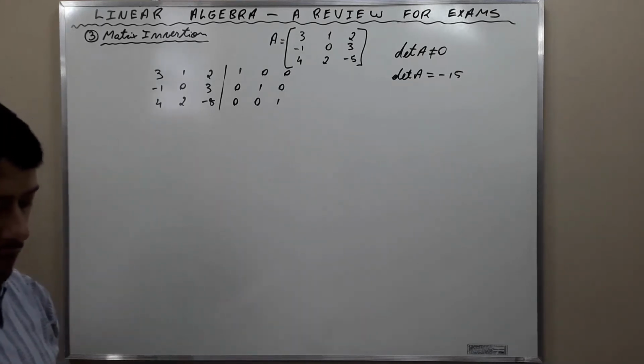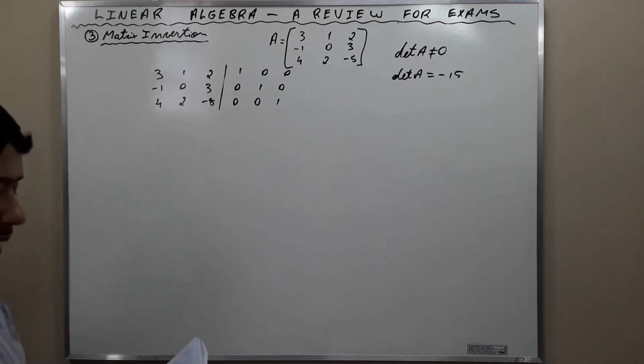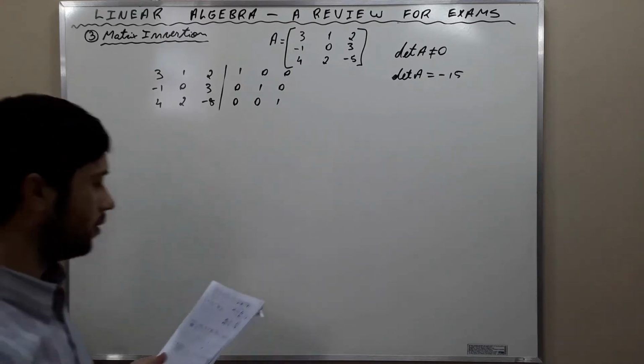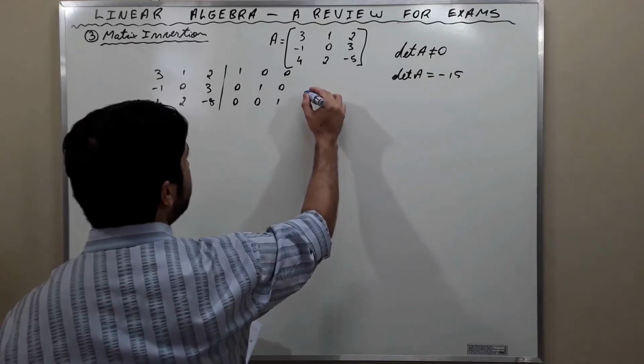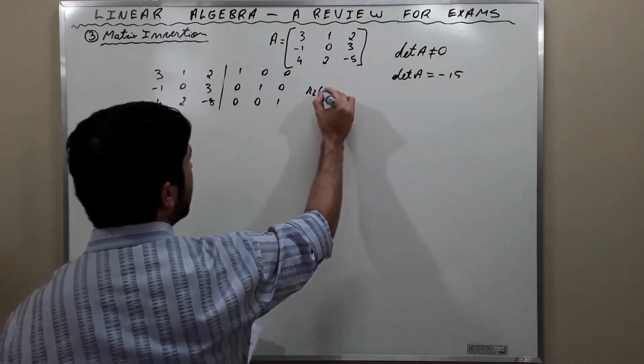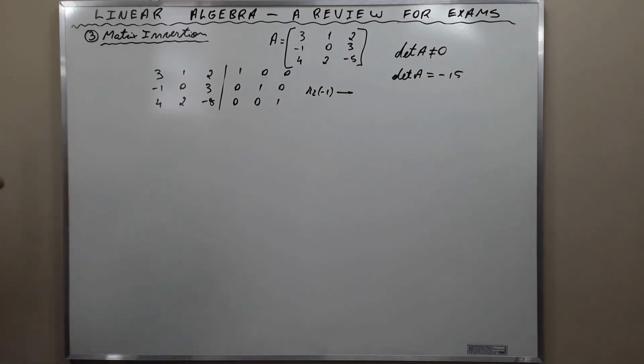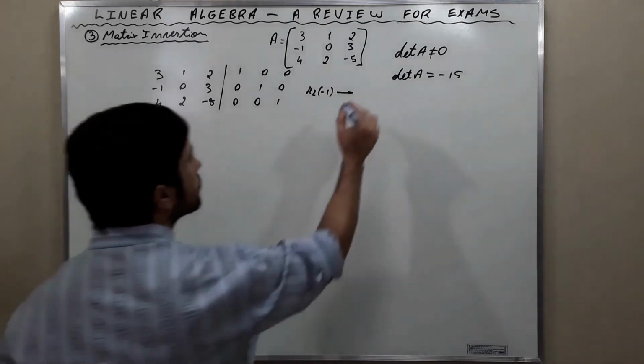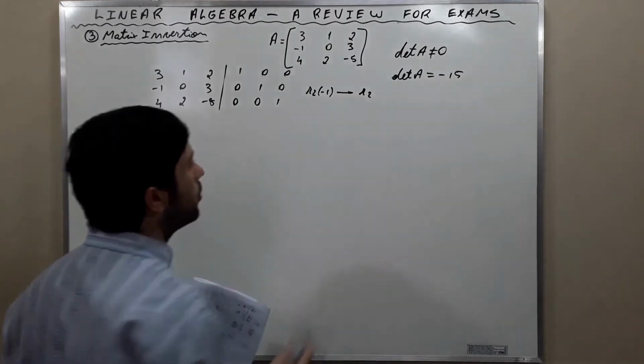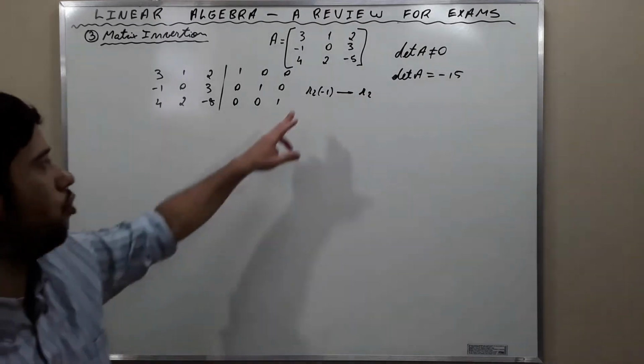We can firstly multiply R2 by negative 1. We are going to multiply R2 by negative 1 and put it in the place of the old R2. By R2 I mean row 2.